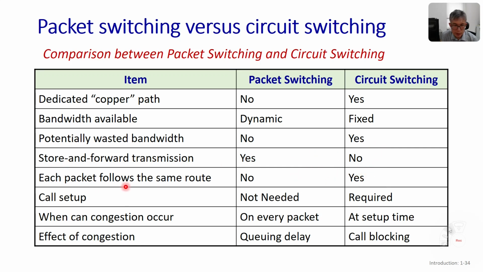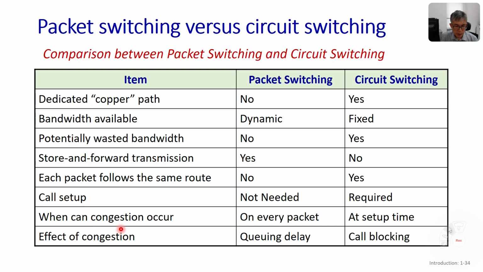Each packet does not necessarily follow the same route; depending on network conditions and the routing protocol, it can change. However, in circuit switching the initial setup path is used. Call setup is not needed by packet switching, but is required by circuit switching.